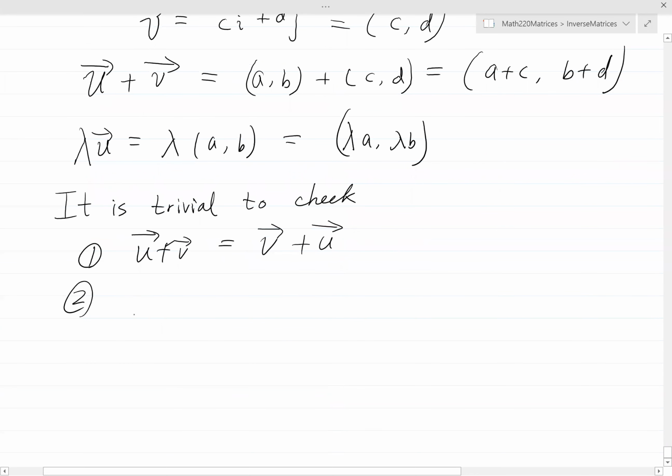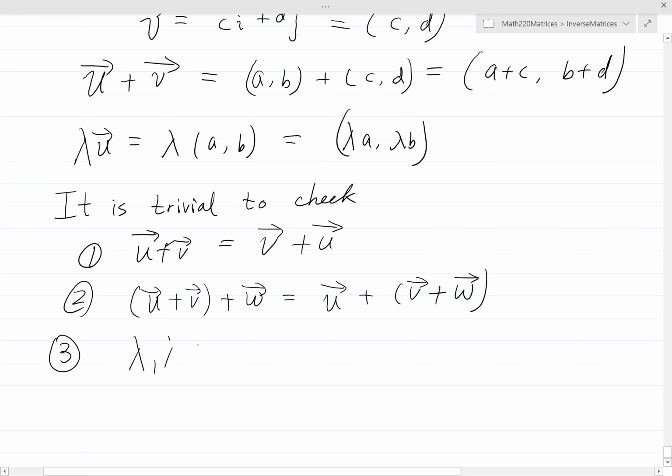Now, addition is associative. And we have scalar multiplication: the associative law with scalar multiplication.